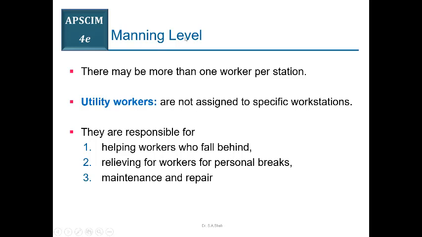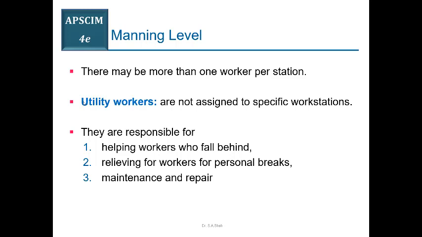So manning level, as I said, that there may be more than 1 worker per station. बाज़ औक़ात प्रॉब्लम्स में जो मैनिंग लेवल है वो रेशो में मिलेंगे. यानी 2 और 3 तो ठीक है, बट in some of the problems you may see that it will be given that manning level is 1.3 or 1.4 or 1.5.